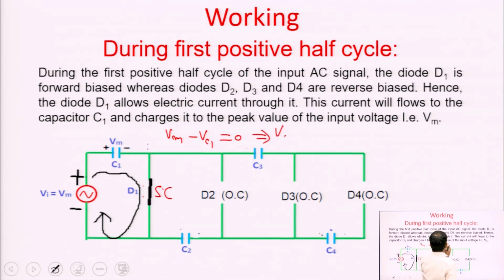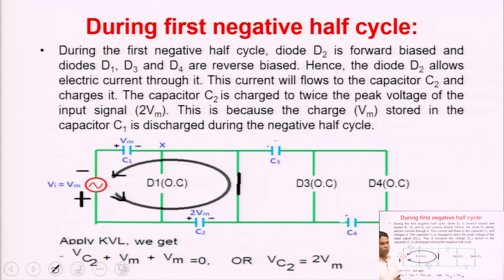This implies Vc1 is equal to Vm. Okay guys. So, during positive half cycle number 1, C1 gets charged to voltage Vm. Now, half cycle number 2, which is the first negative half cycle.